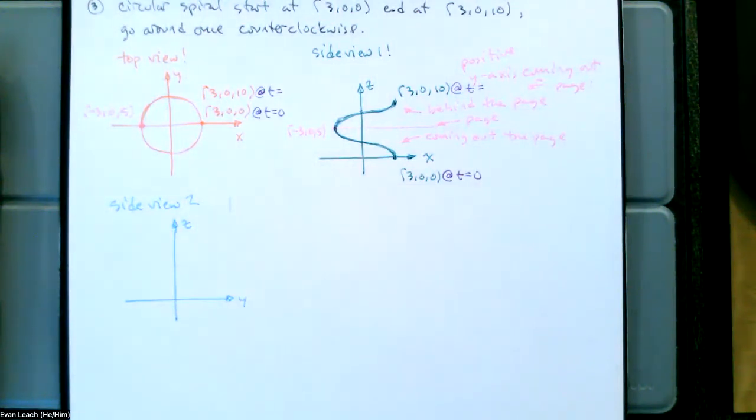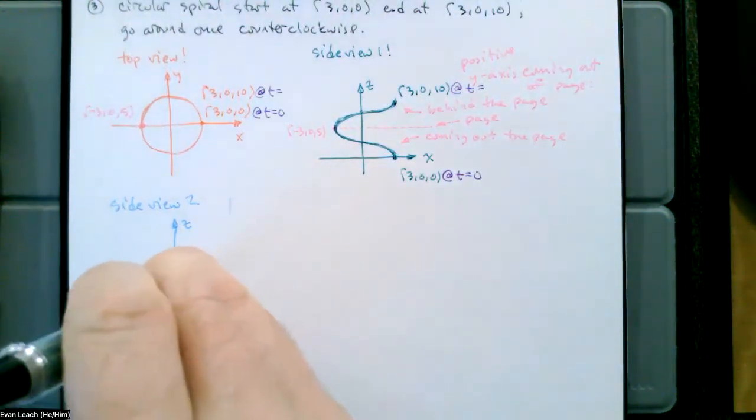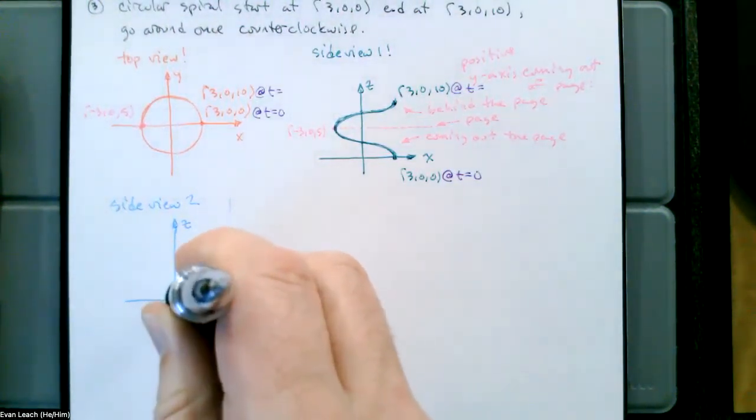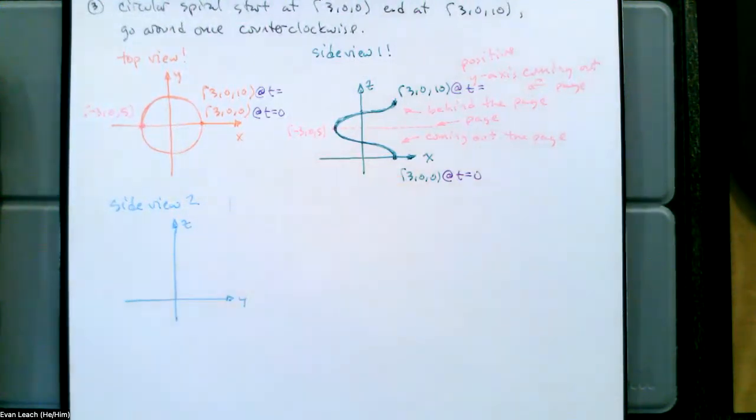Now in our second side view, let's have the x-axis coming out of the page. So the x-axis is sticking out of the page like this. I'll point it at the camera. So when I plot the point 3, 0, 0, I'm not going to be able to see the 3 part. So that's just going to be out the page, out here in front.